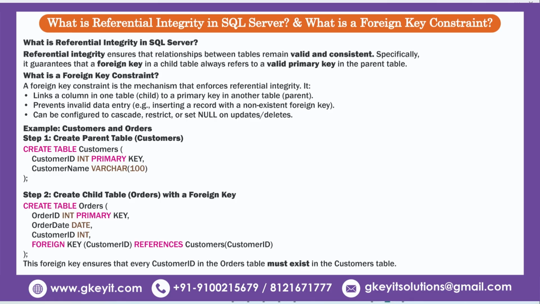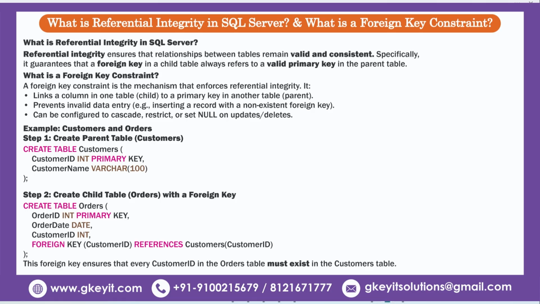Let's see the examples. Here we are creating two tables, customer and orders. We'll see these things practically in SSMS. For understanding, just see these table creations here. We are creating a customer table with customer ID as primary key and customer name.